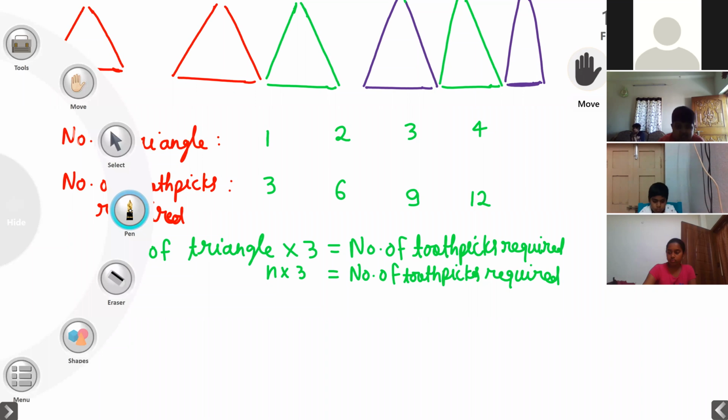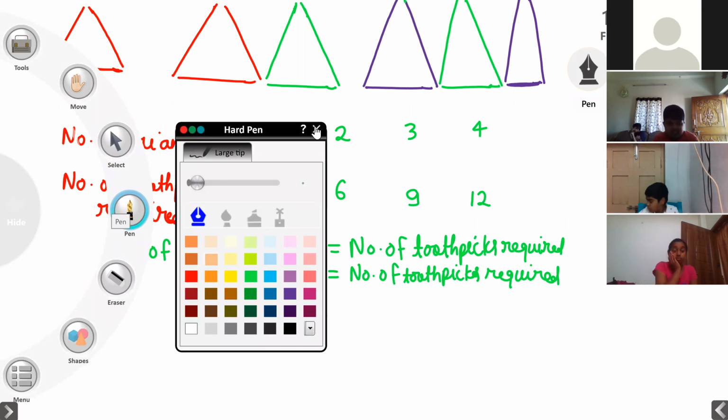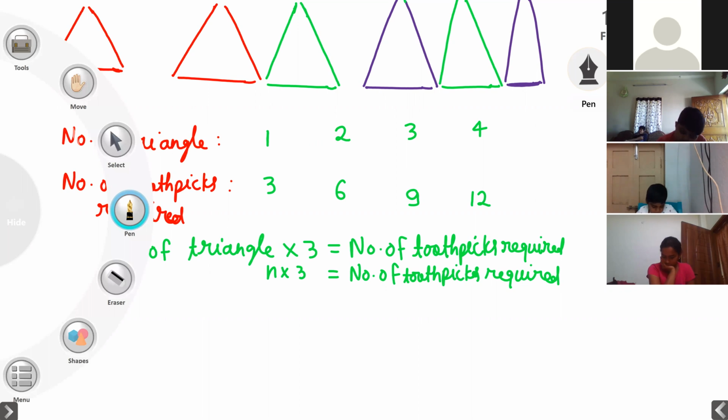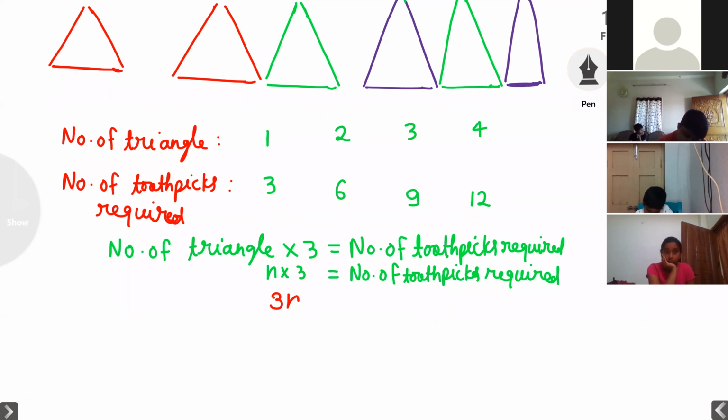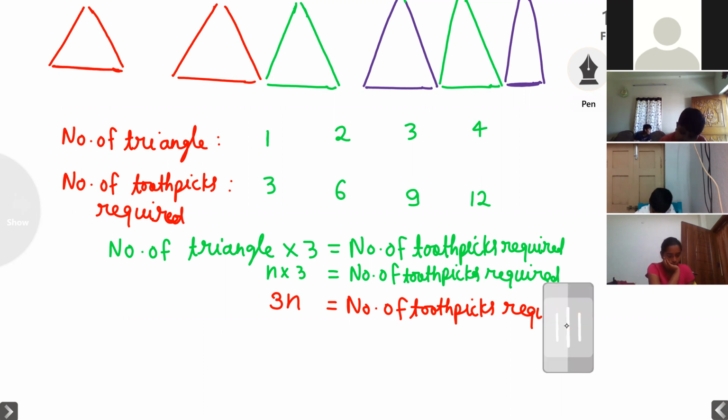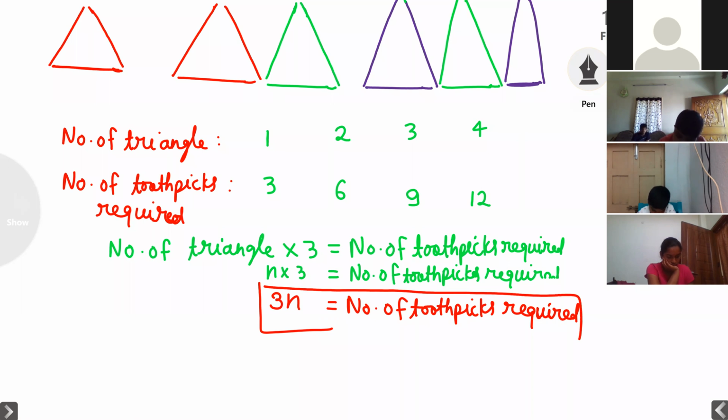Now you are observing how we are relating this concept to algebra. 3n equals the number of toothpicks required. This is the pattern formula.